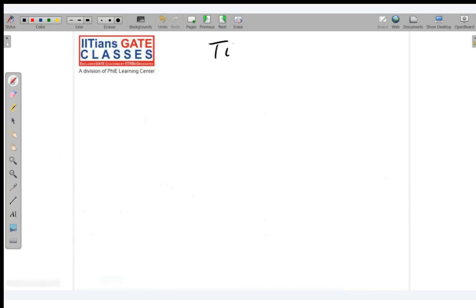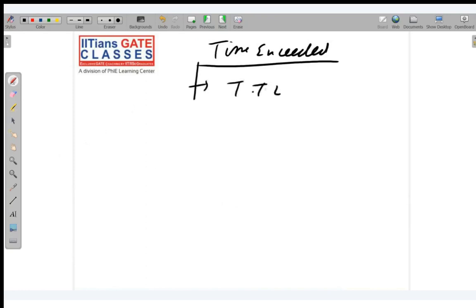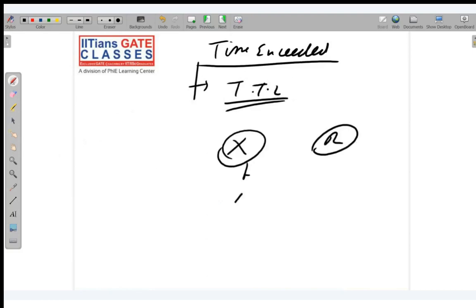Next is time exceeded. So I think you have got it. Time exceeded is related to the TTL field. I have told you, router or even receiver, if the TTL goes from 1 to 0, it will drop the packet.